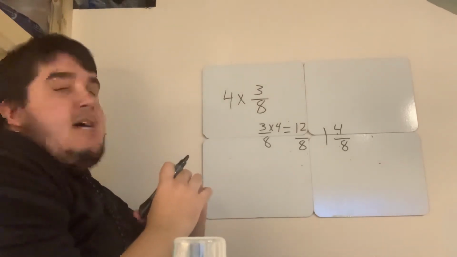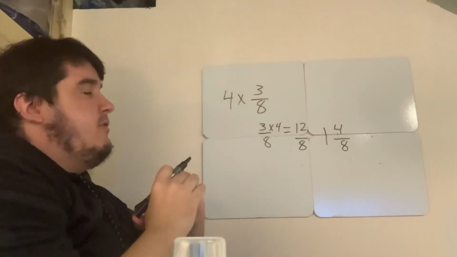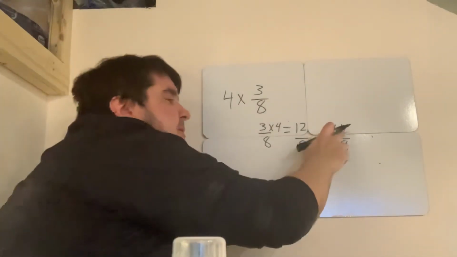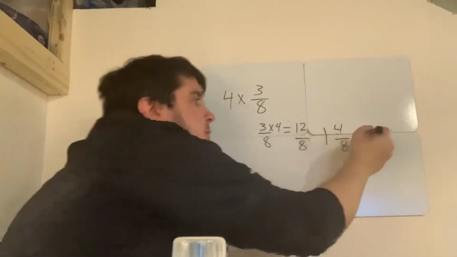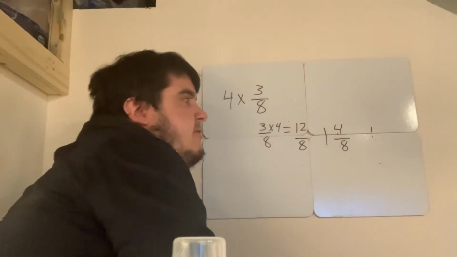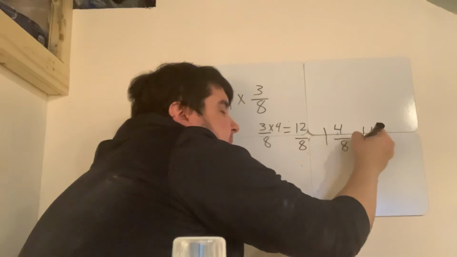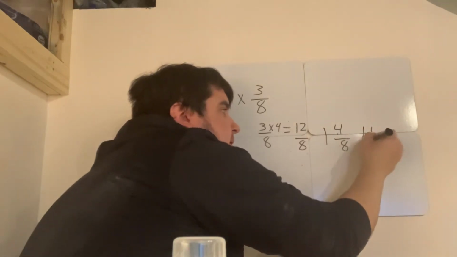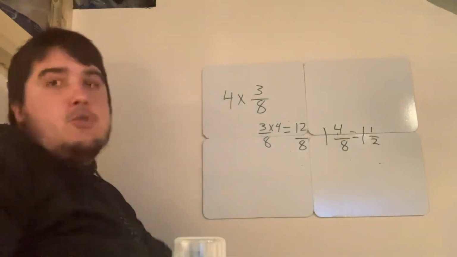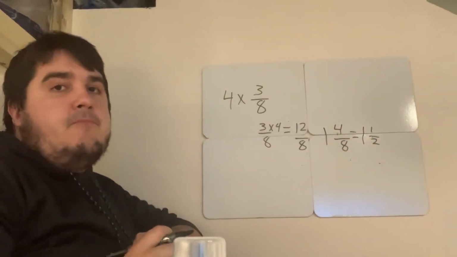So we can reduce that one down even further as well. So we need to see how many times 4 can go into 4. 4 can go into 4 1 time. And 4 can go into 8 2 times, right? So that's going to become 1 and 1/2. Again, just reducing it down there.